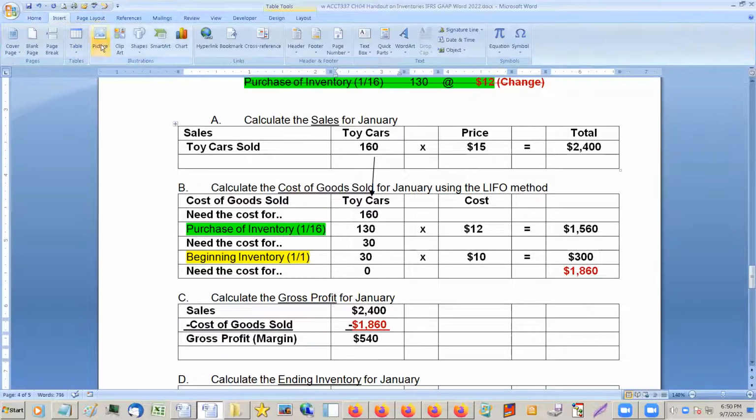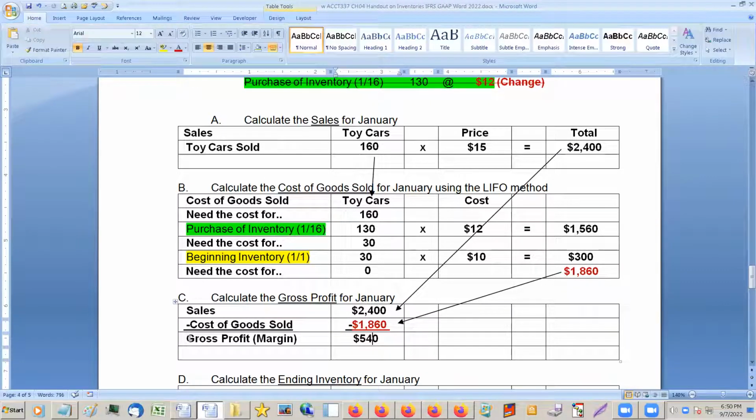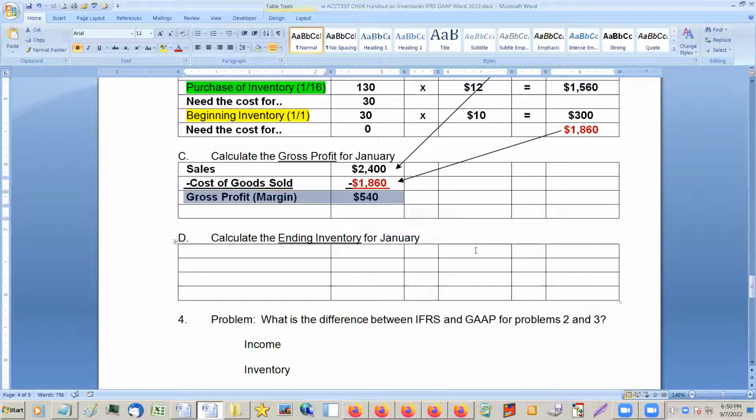All right, so this is what we sold. These are the sales, money coming in, these are the goods going out, and this is how much profit we made on those goods.